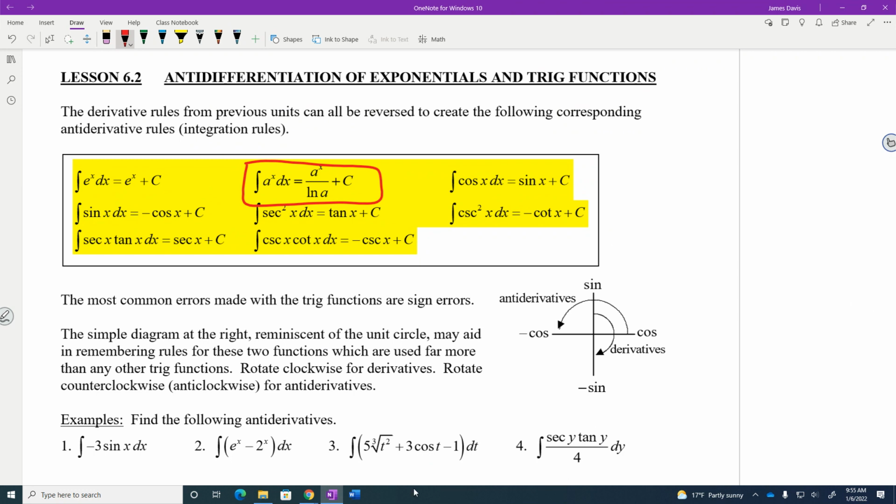The main things that you need to know are all of the trig functions, figure out how to work backwards for these, and then e to the x. And these are all simple ones in that they don't have anything plugged into them. So there's no e to the 3x squared or something like that. The reason why is because you need a different sort of technique.